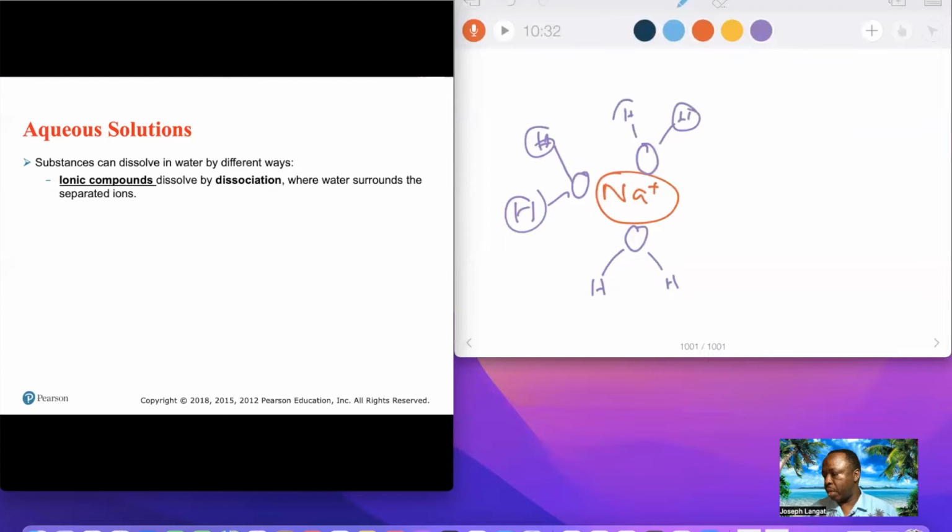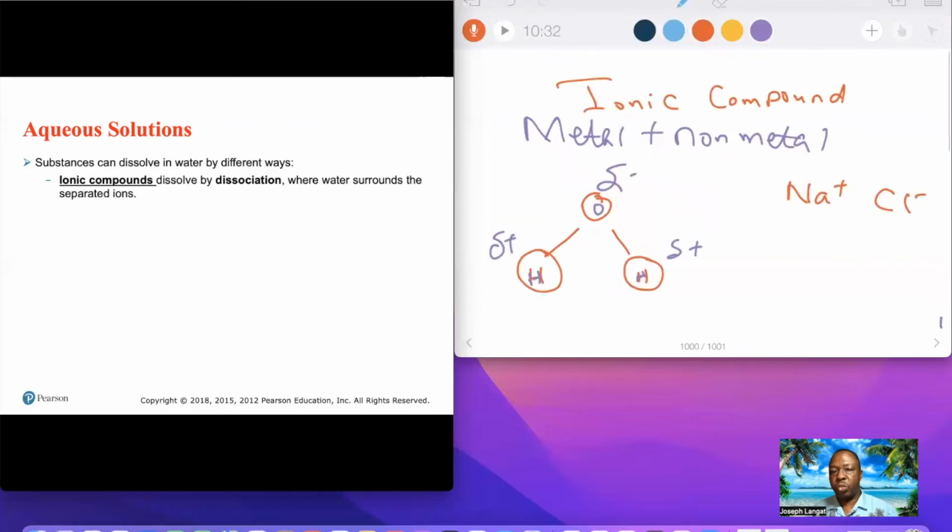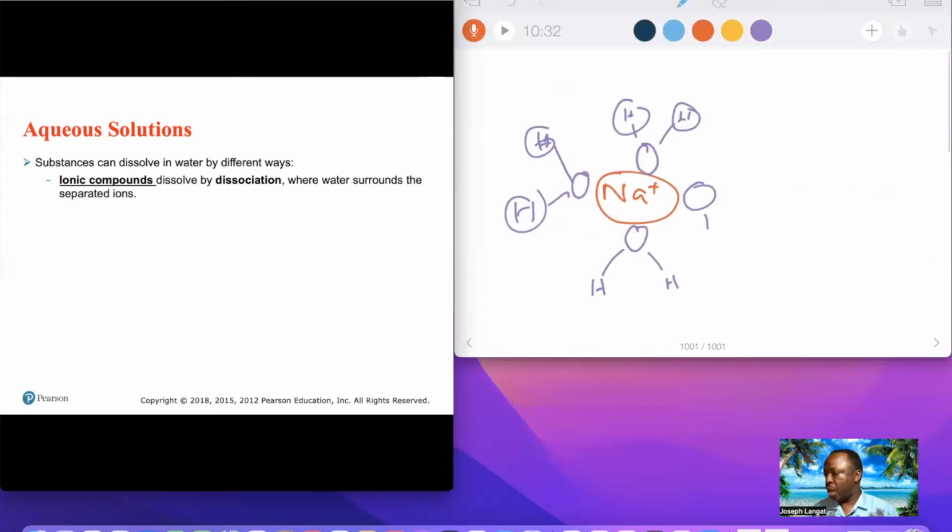If you look at how the sodium ion is surrounded by water molecules, they get associated with what? Oxygen, which is negative from this structure. That is the surrounding arrangement.